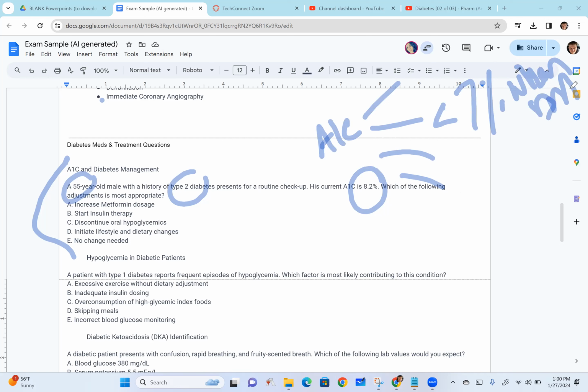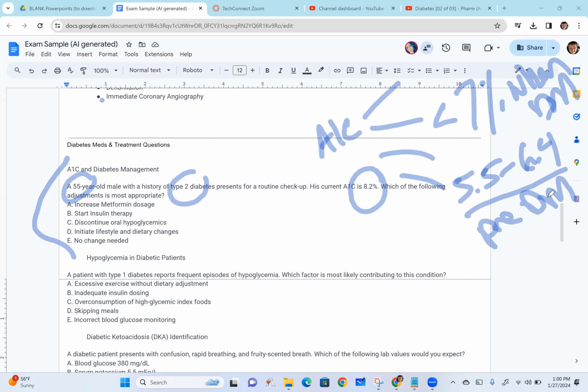I think it's 6.4, isn't it? Either way, 6 and up is pre-diabetes, right? Yeah, less than 5.5 is fine for a normal person. But someone who has diabetes, you want less than 7%.